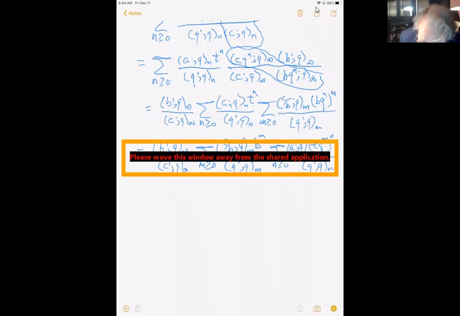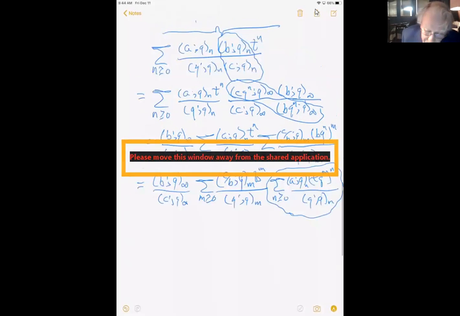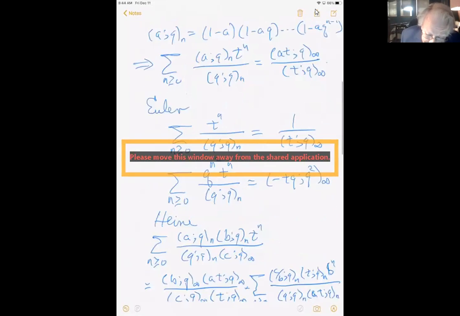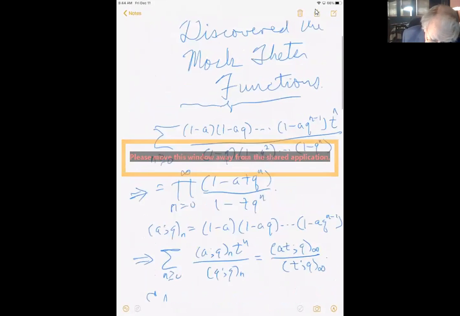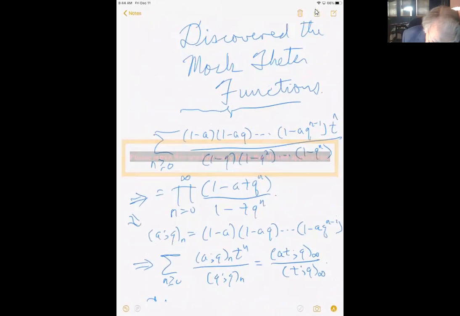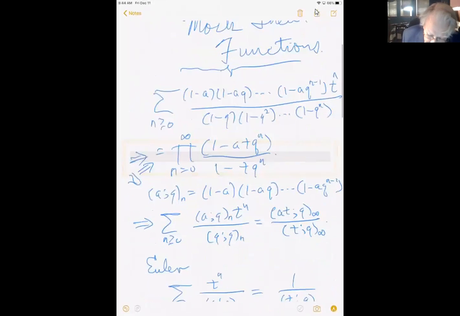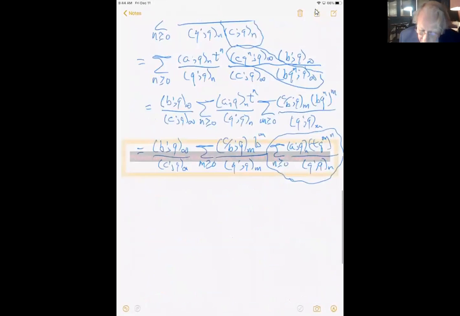And now this becomes another instance of this series that we have right here, either this one or that one. And so we can now write that expression in the circle as another infinite product.